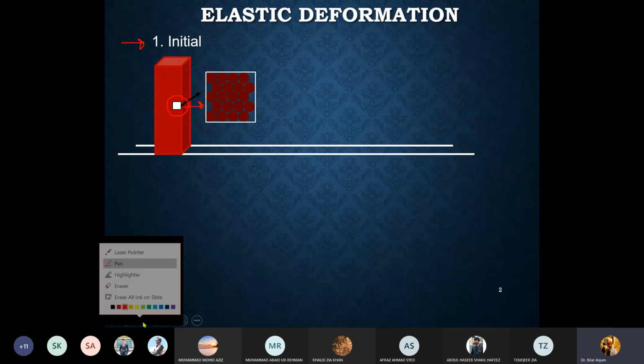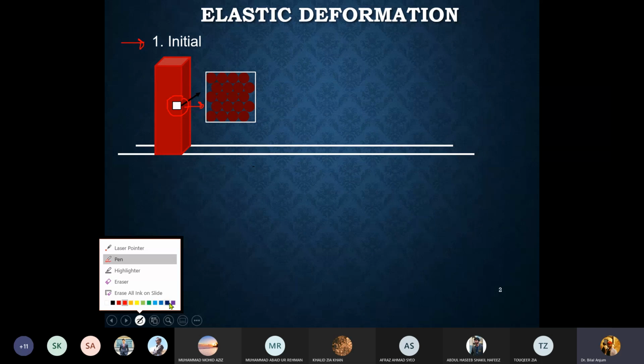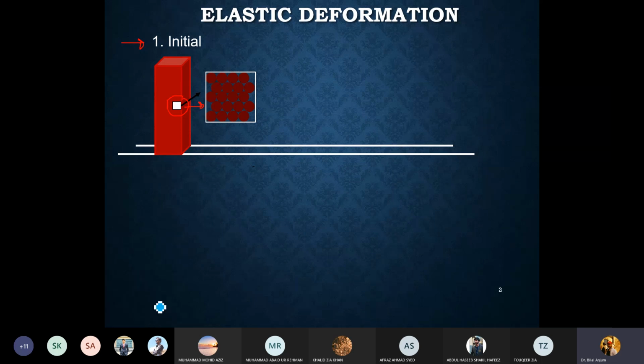Now, if I apply a certain amount of force onto this material, there would be a displacement. The block would get elongated or displaced from its original position.